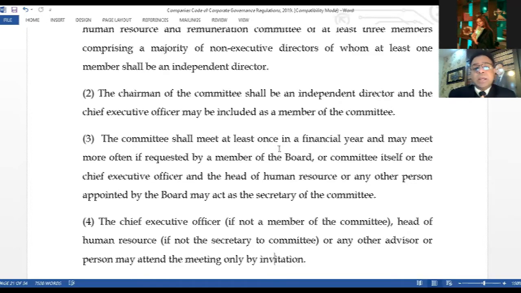As she has just read, the composition of this committee will comprise non-executive and executive members, and especially an independent member is required to be the chairman of this committee.